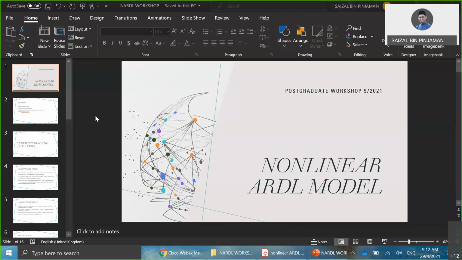In the first part, I will explain the basic concepts of ARDL as well as the nonlinear ARDL. In the second part, I'll try to show you the methods of conducting the NARDL analysis by using EViews.